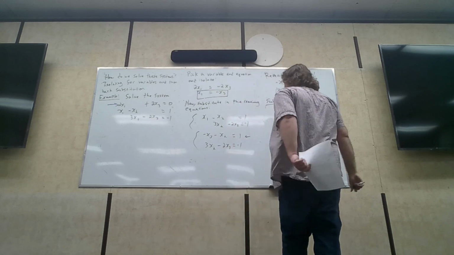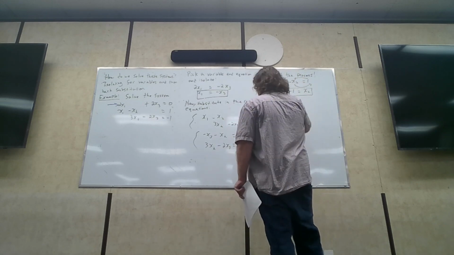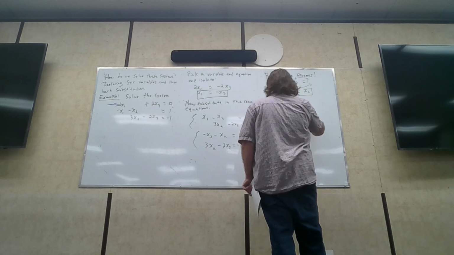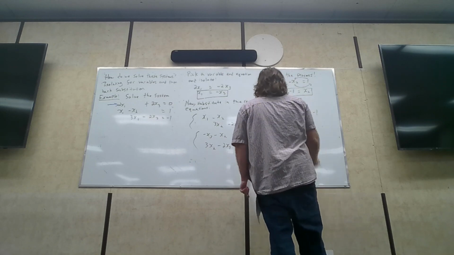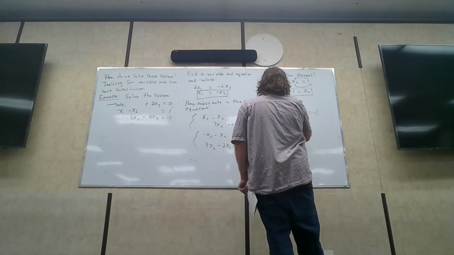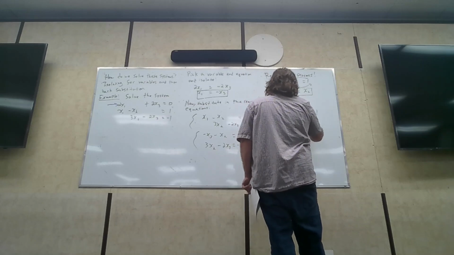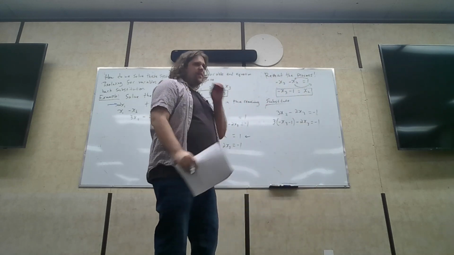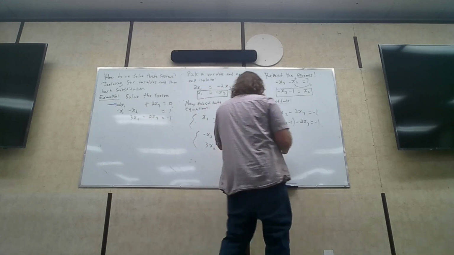Okay, so now we're going to go ahead and take a look at this equation. 3x2 minus 2x3 is equal to minus 1. And we'll replace x2 with this. Okay, awesome. Now, why does that help us? Well, we can simplify.